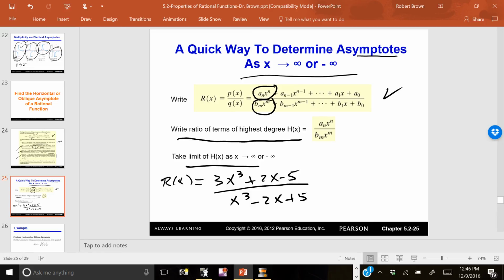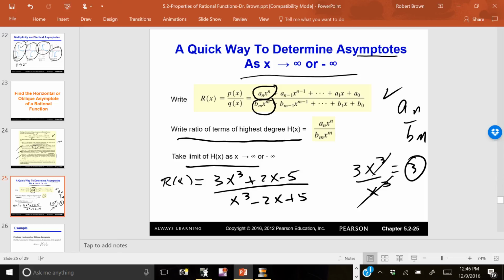And you want to find the horizontal asymptote. Just write down the dominant terms, cancel out these x cubes, and that equals 3, so the horizontal asymptote is 3. It's the same thing the previous slide showed, that you just look at a sub n over b sub m.